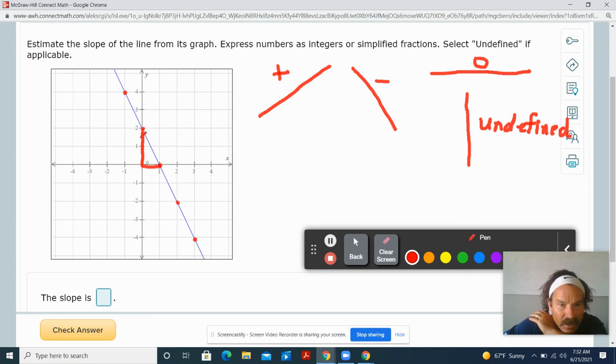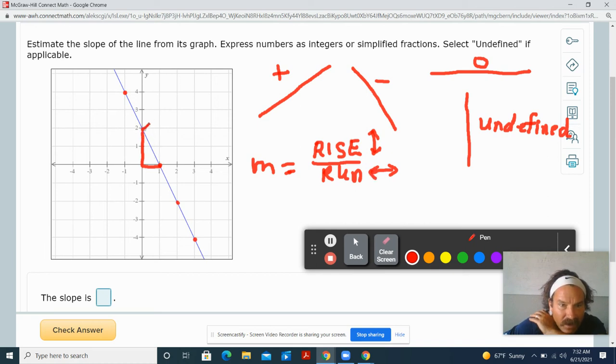Now that triangle has a rise and it has a run. So remember that slope formula, m equals. I'm not going to use the y2 and the y1s now. I'm just going to use words. So it's the rise over the run. The rise is up and down, the run is side to side, and it all deals with the triangle.